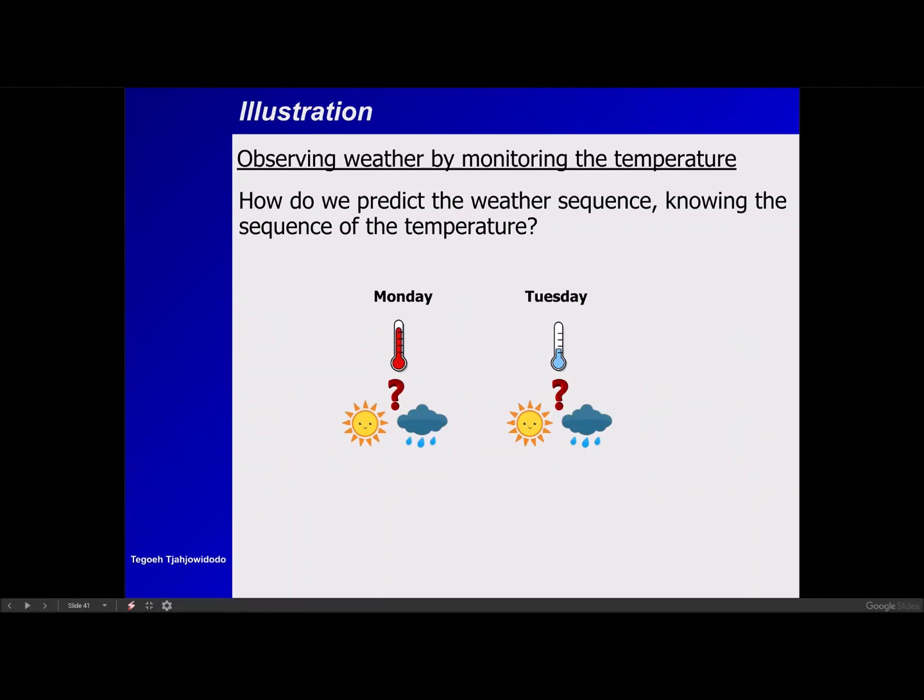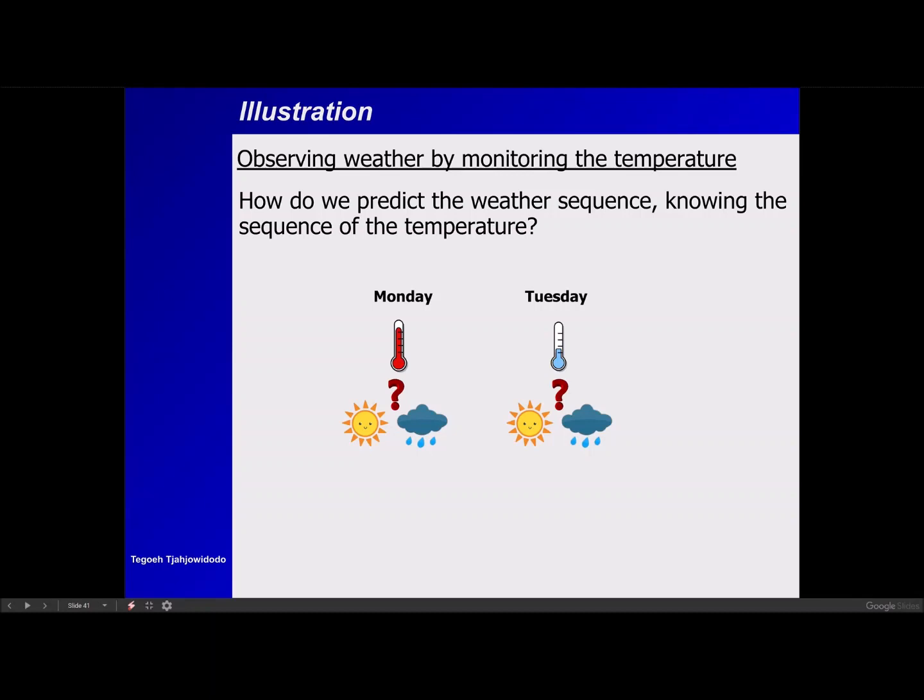Now we arrive at the essence of the hidden Markov model. So how do we predict the weather sequence knowing the sequence of temperature? This is another way of saying how do we predict the hidden state knowing the observable state.